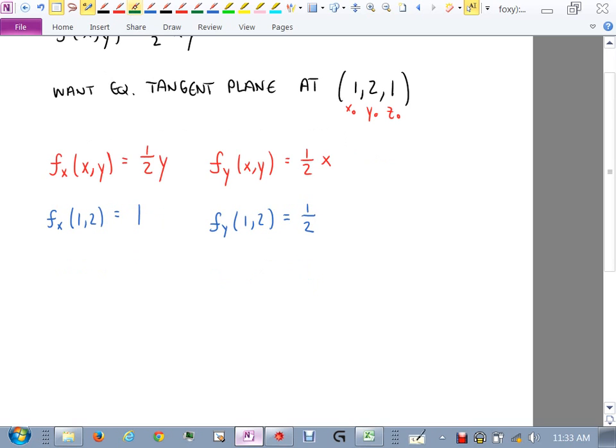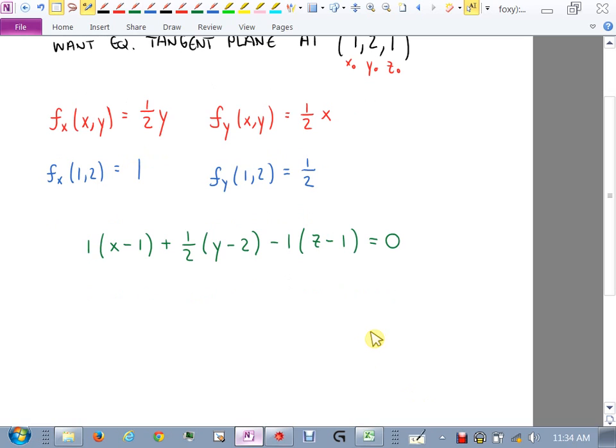So I'm ready to write the equation of the plane. It should be the partial of f with respect to x at that point, which is 1, times x minus x naught, which is 1, plus the partial of f with respect to y at this point, which is 1/2, and then y minus y naught, which is y minus 2, then always -1, and then z minus z naught, so z minus 1, equals 0.